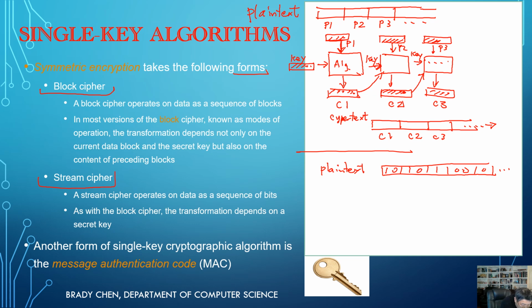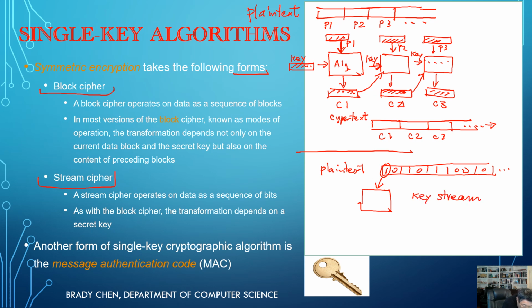The algorithm takes the plaintext bit by bit. That means you take the first bit, 1, and mix it with the first bit of the key, which we call the key string.